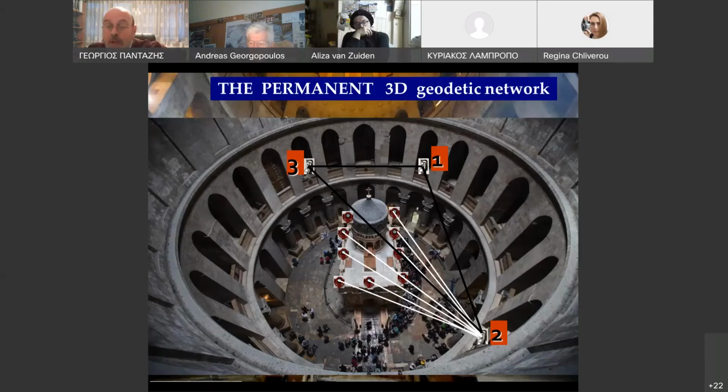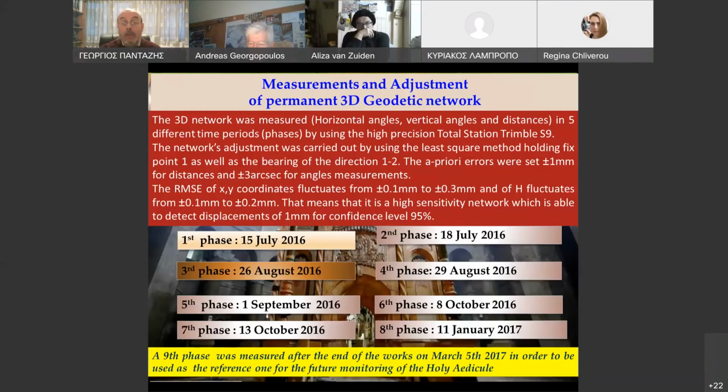In this case, the total station Trimble S9 was used. This is during the rehabilitation. The first phase was carried out in July, and the final phase in January 2017.